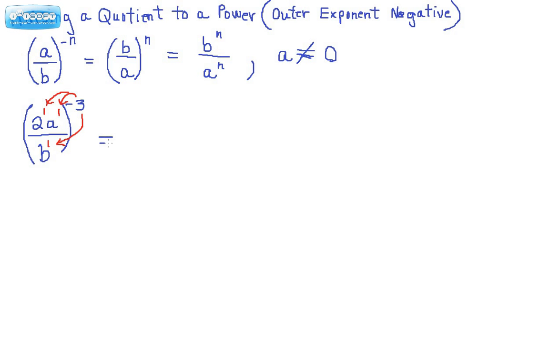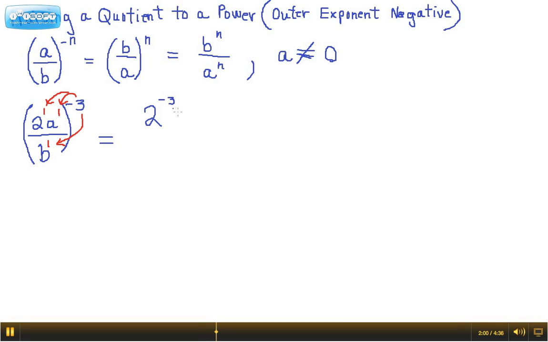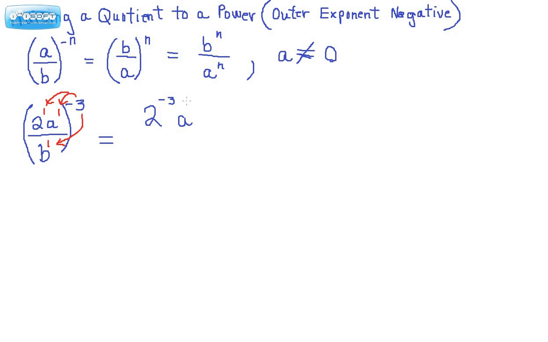So if we do this, we'll have 2, and then we're going to multiply the exponents and get 2 to the negative 3. We keep the a, multiply exponents, get a to the negative 3. And then in the bottom we keep the b and get b to the negative 3.